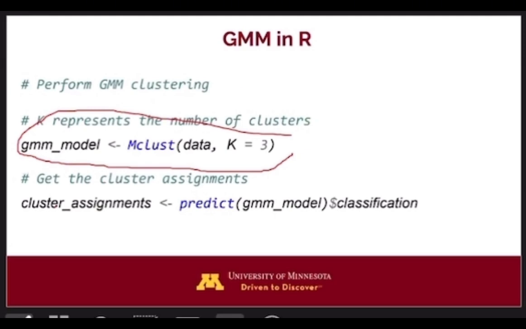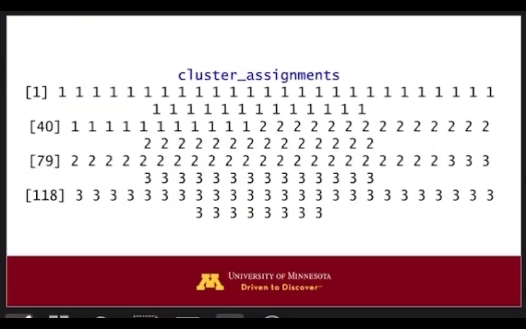Now I told you in expectation maximization, we start with the expectation of what the cluster assignment is going to be, and that's why you see this cluster assignment. Take a look at that. You know what this is trying to tell you now?